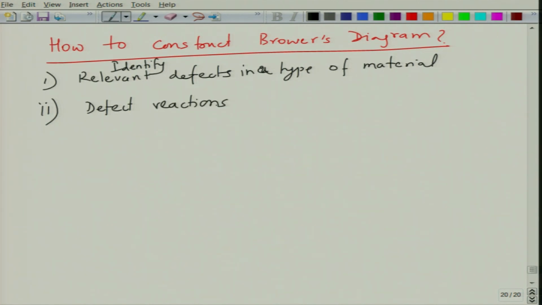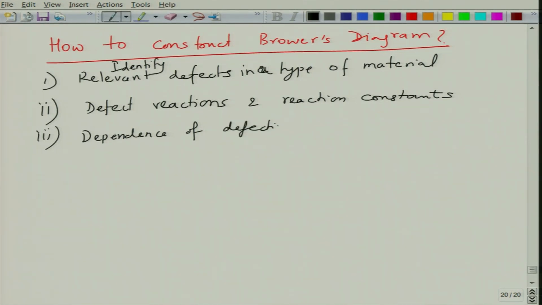Once you write the defect reactions, you work out the dependence of defect reactions and reaction constants, and work out the dependence of defect concentration on PO2.